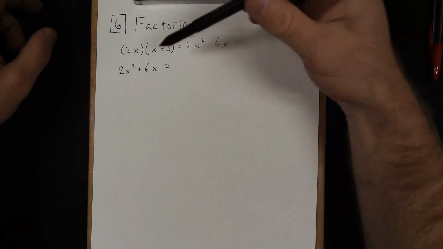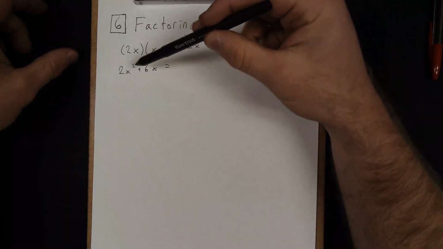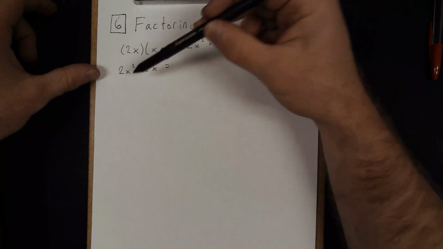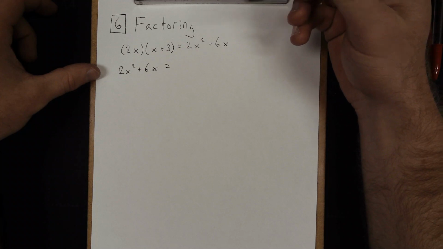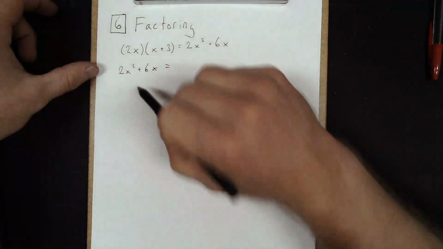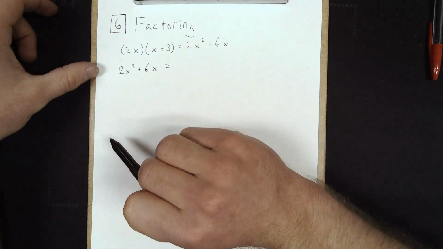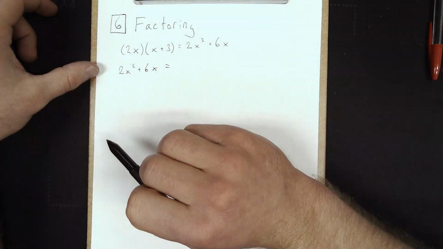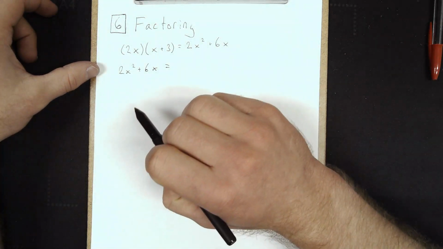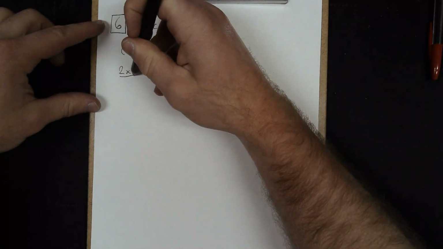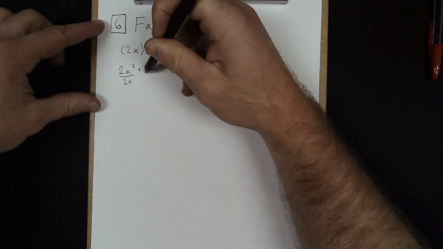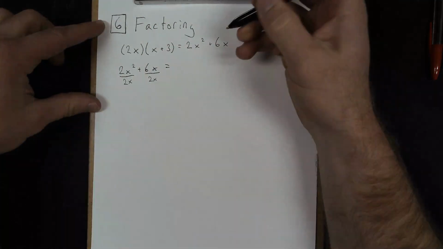I can divide 2 by 2 and 6 by 2, but then also we've got an x and an x in both terms. So what you essentially are doing is dividing each term by 2x.